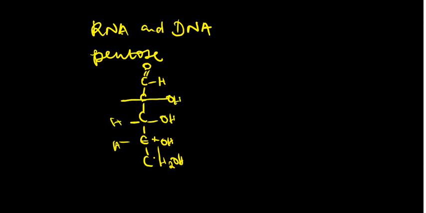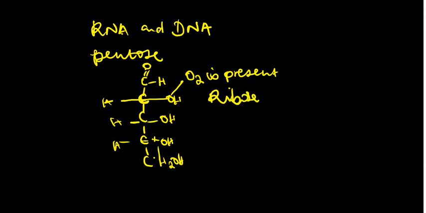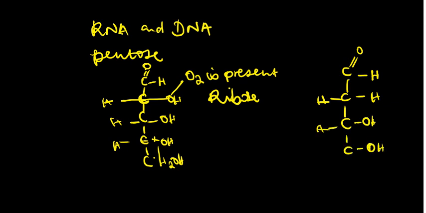On carbon number 2, you notice that the oxygen atom is present in ribose. But when you look at deoxyribose, you notice that this oxygen group is absent on carbon number 2.